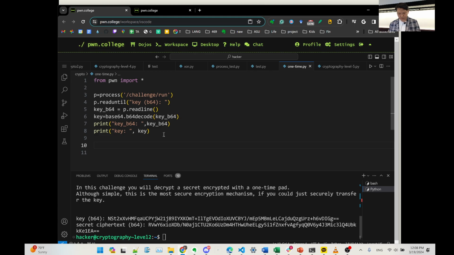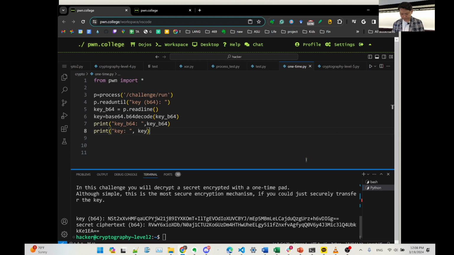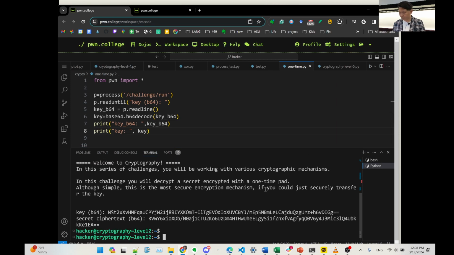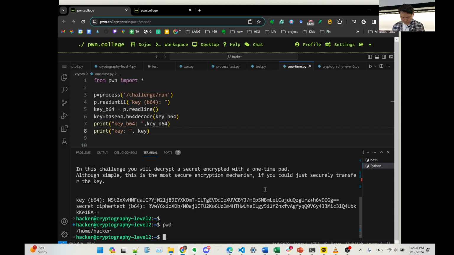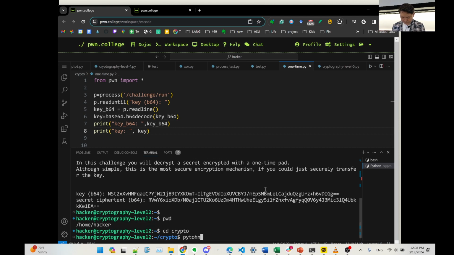Okay, so let's run this code. You can see, okay, one time pad, cd, python.